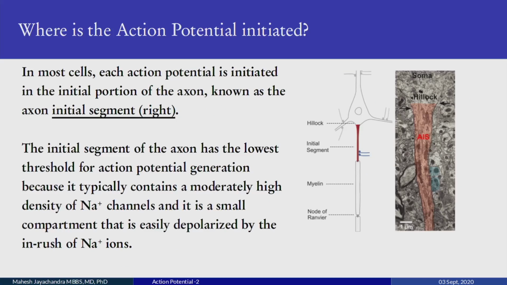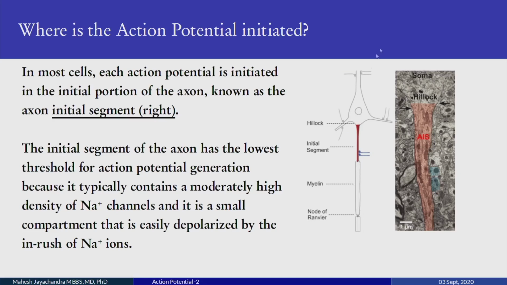Okay, so let's step back. Where is the action potential initiated generally? If you remember the lecture on microscopic anatomy of the central nervous system, you have a cell. This is a pyramidal cell, and you have all the dendrites, which are not shown here, and then you have the axon going down, covered with myelin.